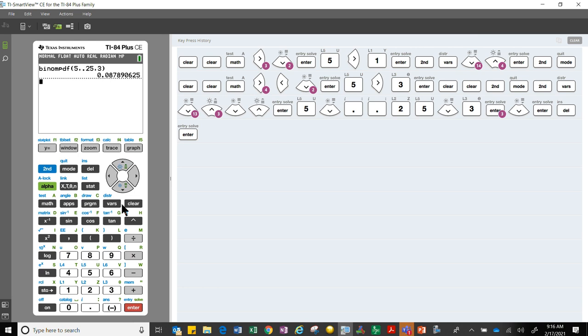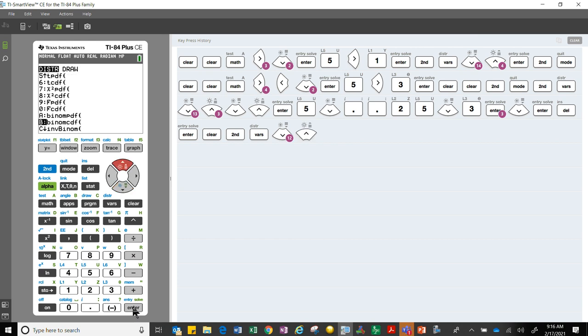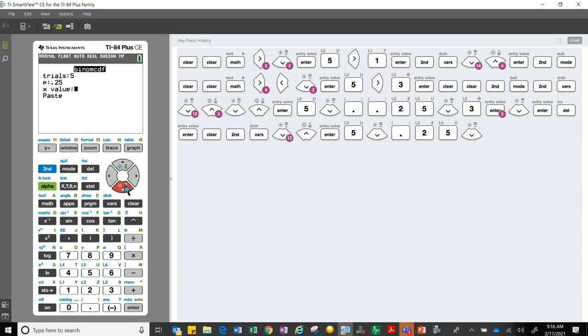On the other hand, the second problem that we did, binomial CDF, so I have 5 total kids, the probability of success is 0.25, right?